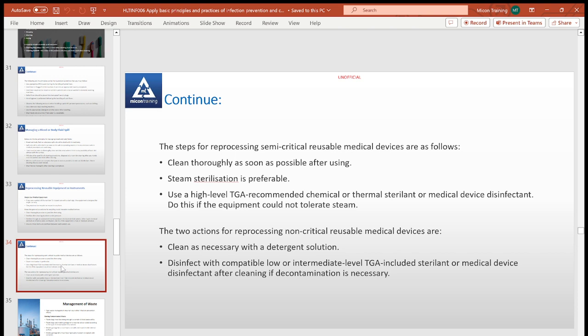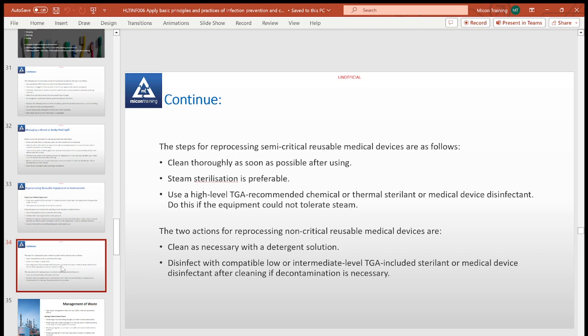The two actions for reprocessing non-critical reusable medical devices are: clean as necessary with disinfectant solution, and disinfect with a compatible low or intermediate level TGA listed sterilant or medical device disinfectant after cleaning if decontamination is necessary.